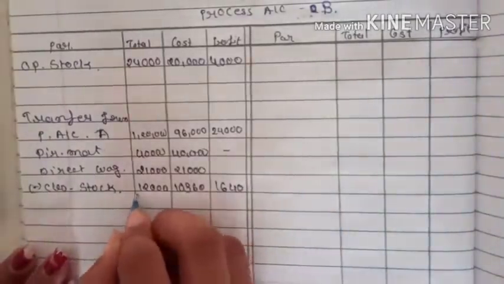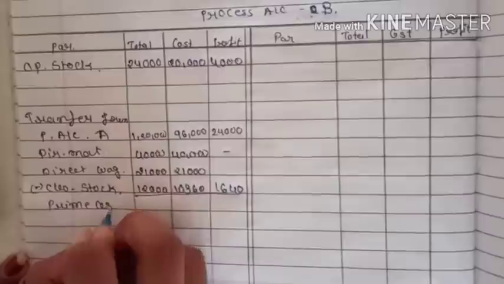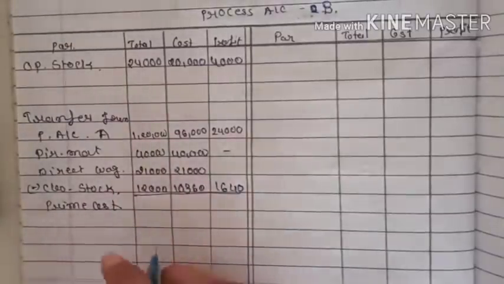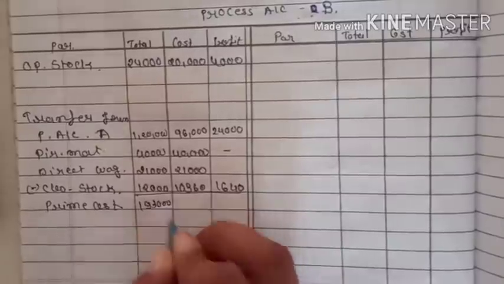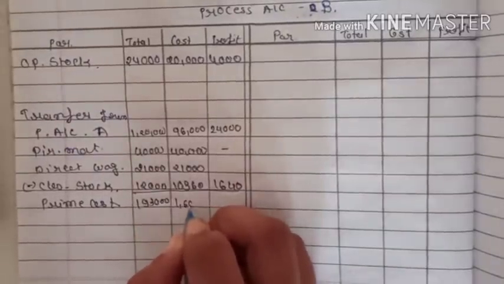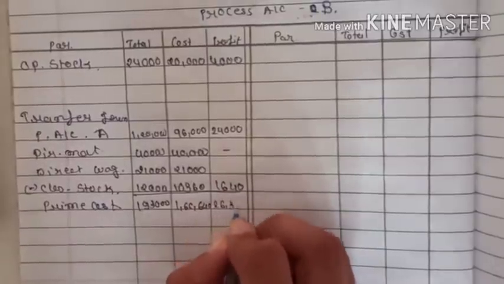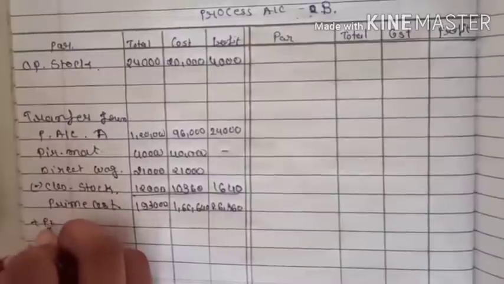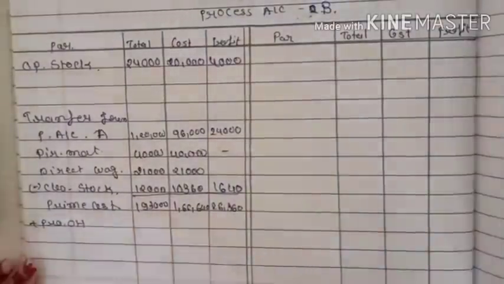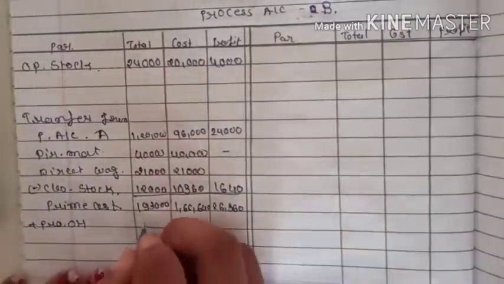Let's total it out and we get prime cost 1,93,000, 1,66,640 and 26,360. Right? Then add production overhead. Production overhead is given, 50,000.